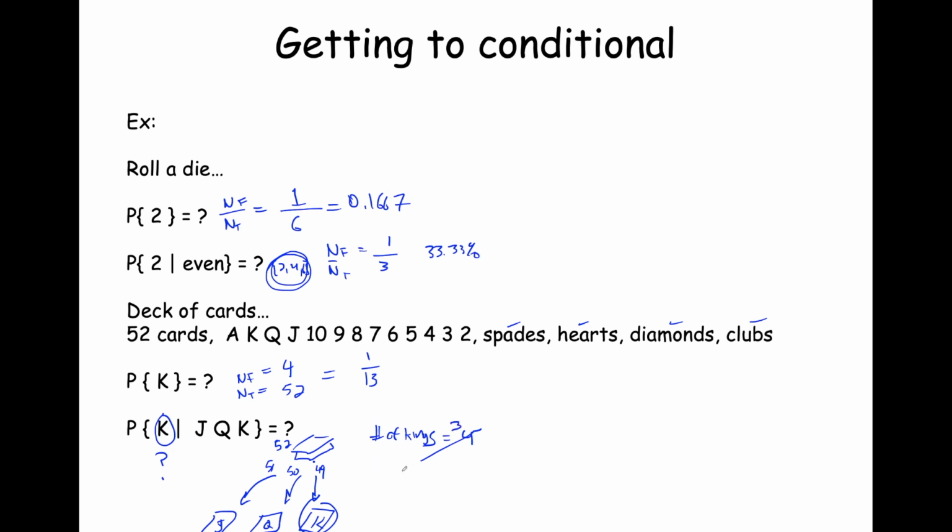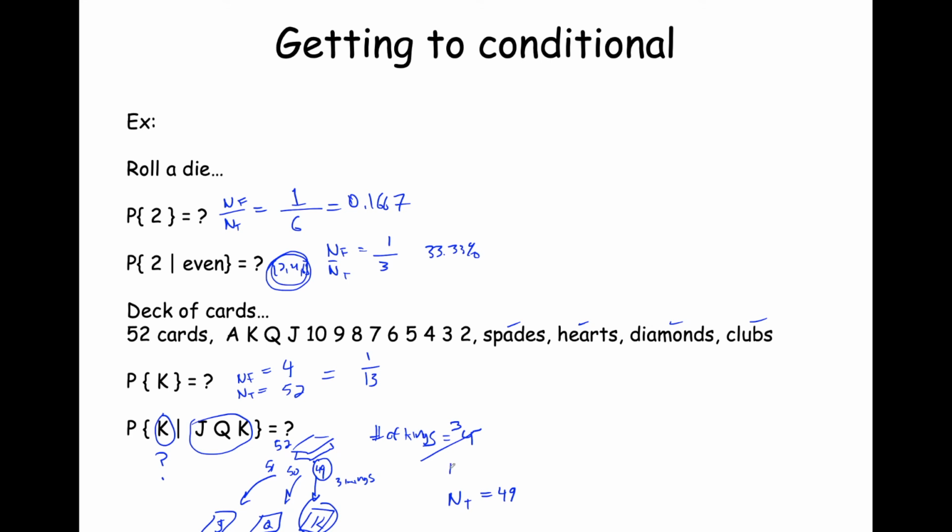So if I look at this, given jack, queen, king, I know that I have 49 cards left, and of those 49 cards, I only have 3 kings left in the deck. So now my universe of consideration has changed. The total number, NT, is now equal to 49 because I've dealt out 3 cards already.